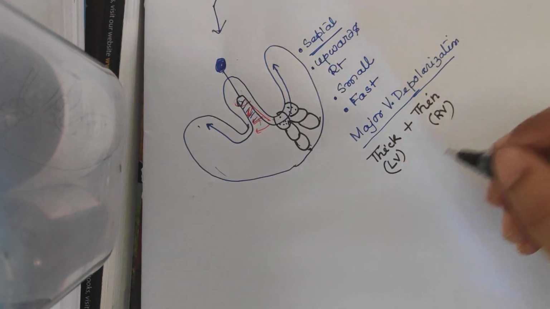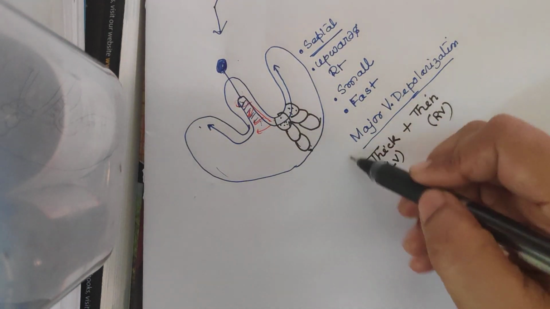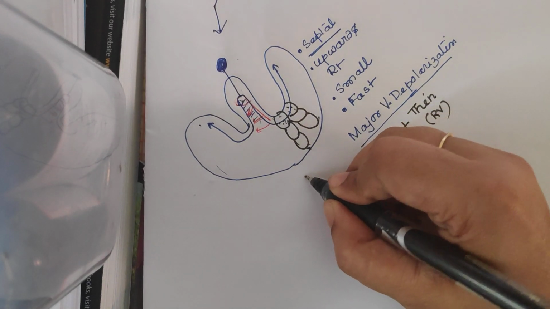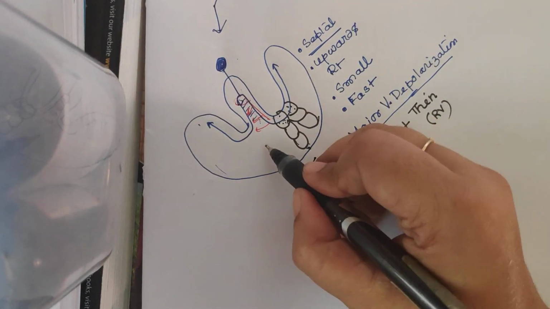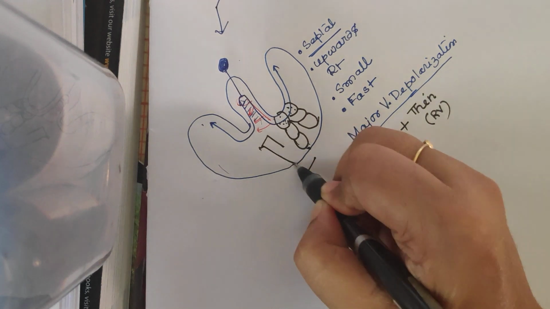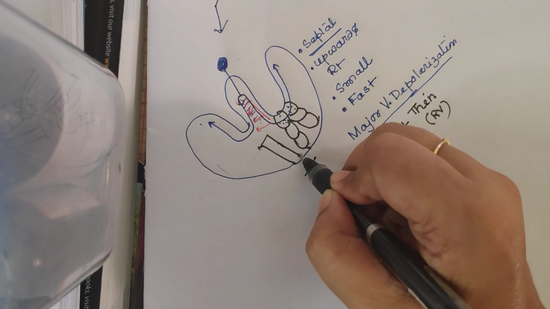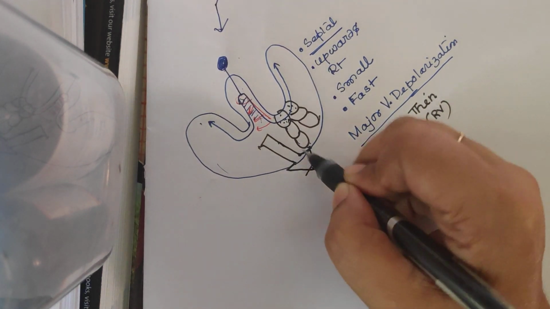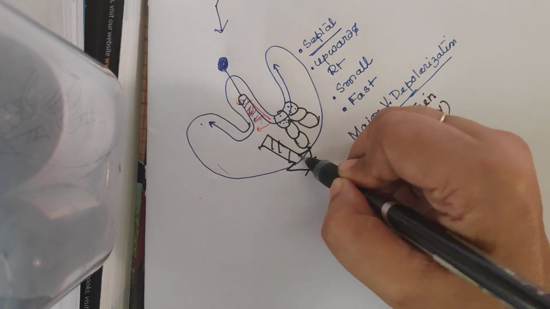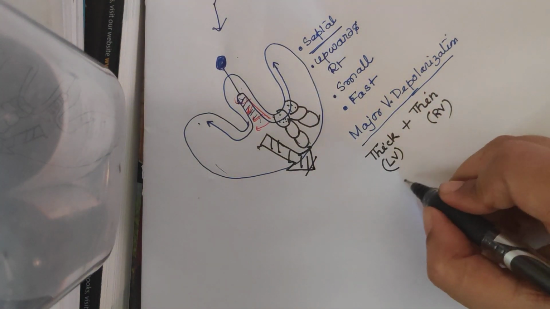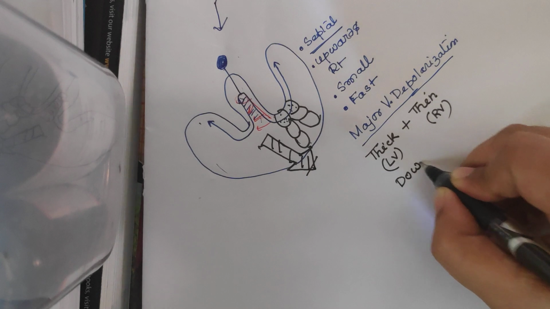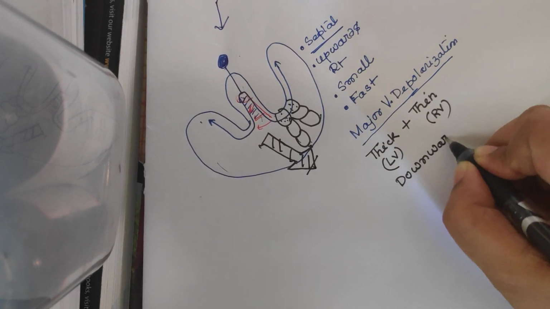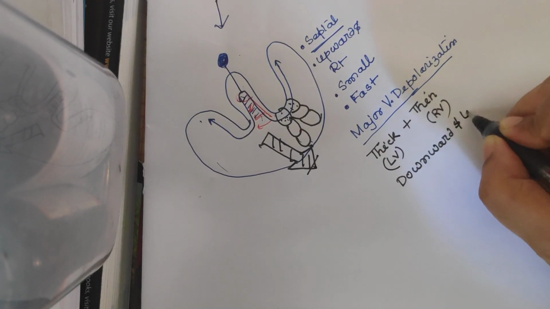So as it is moving in this way, the direction of the vector will be downward and to the left.